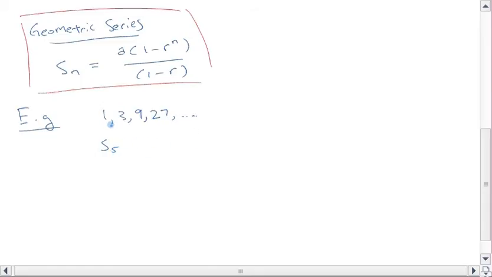Well, we know this is a geometric sequence because each term is the previous term multiplied by 3. So I can use this equation up here to work out what S5 is.